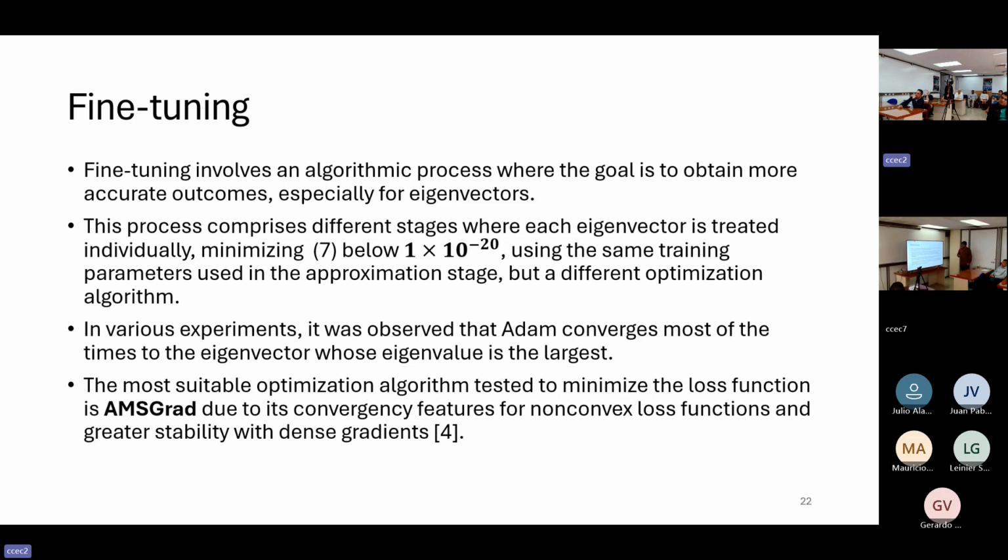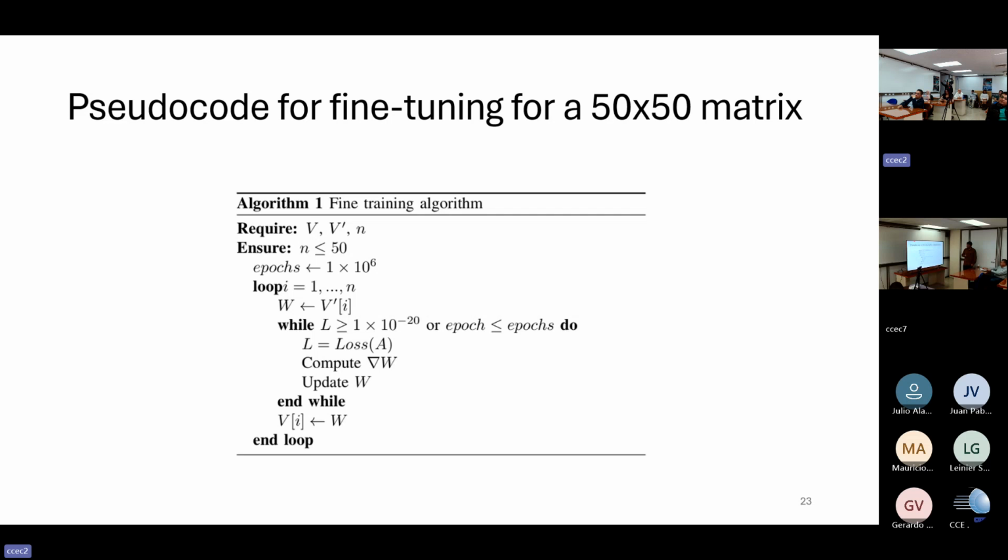It was shown experimentally that AMSGrad has better convergence behavior to solve this problem, because it has been tested for non-convex problems and has good performance with these gradients. This is the pseudo algorithm we use to handle each one of the vectors and ensure the convergence and the likeness of each one of the eigenvectors.